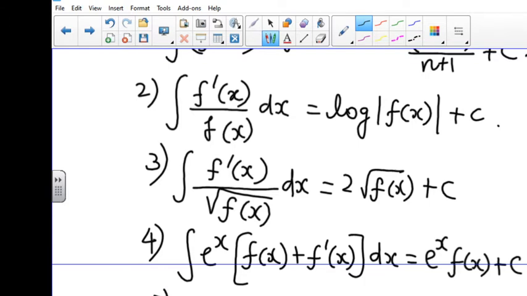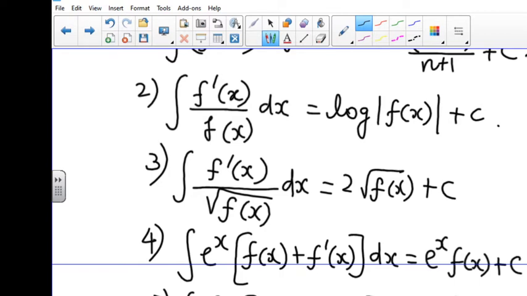Now, formula 5, integral of e power ax into a f of x plus f dash of x dx is equal to e power ax f of x plus c. Here we have e power ax, and while doing the differentiation, a will come out. So, a f of x plus f dash of x dx means e power ax f of x. That's the formula.